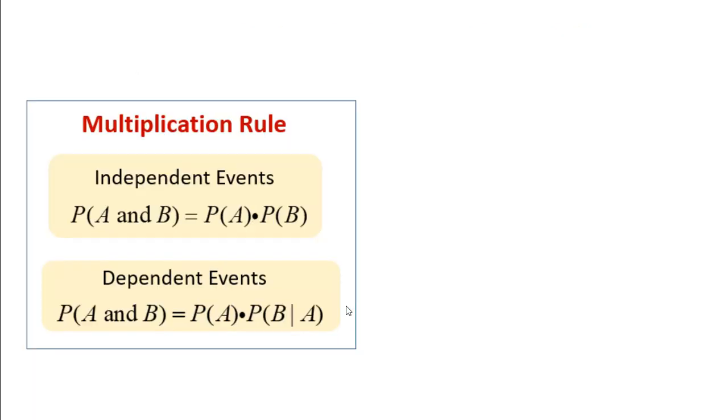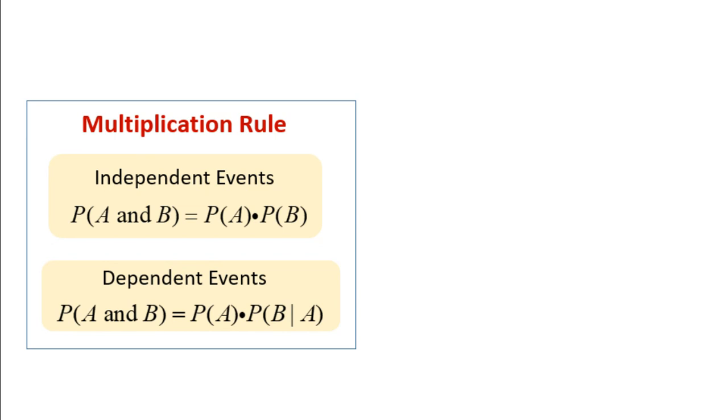Okay. Now we're going to go into the multiplication rule. This is that intersection. For independent events, all you're simply doing is multiplying the probability of A and the probability of B together, and then that will give you your middle section. And if you have dependent events, that means that they are overlapping in the Venn diagram.